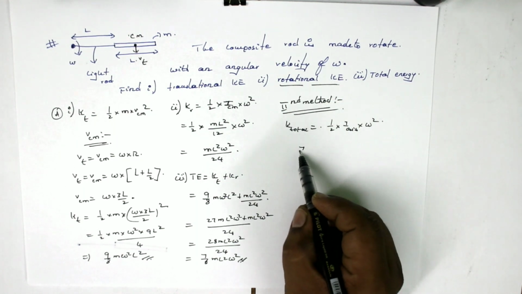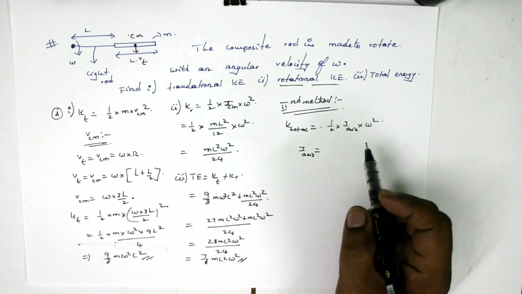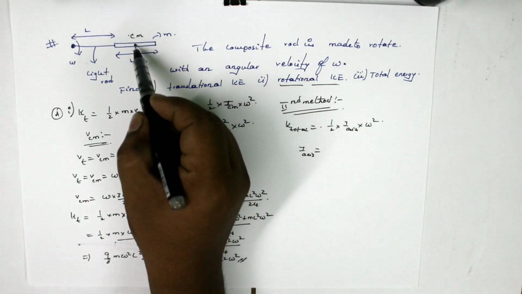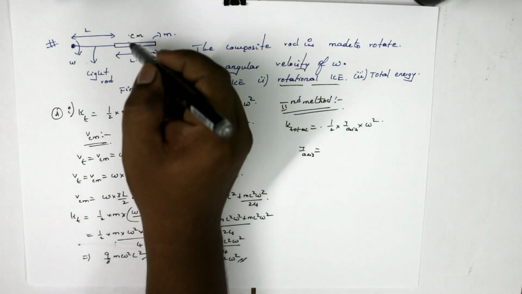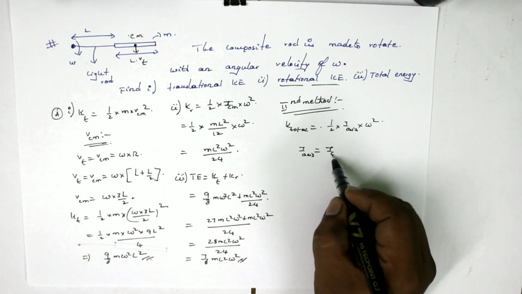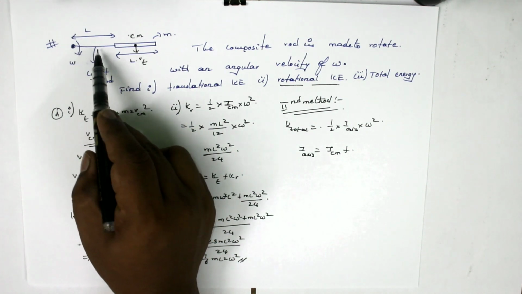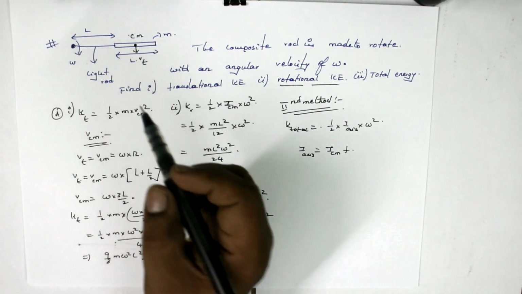Now how can I calculate the moment of inertia around this axis? I can use the parallel axis theorem. For this rod, when the axis is present at the center of mass, we know the moment of inertia is I CM. Now our axis is present at a distance of L plus L by 2, that is 3L by 2.